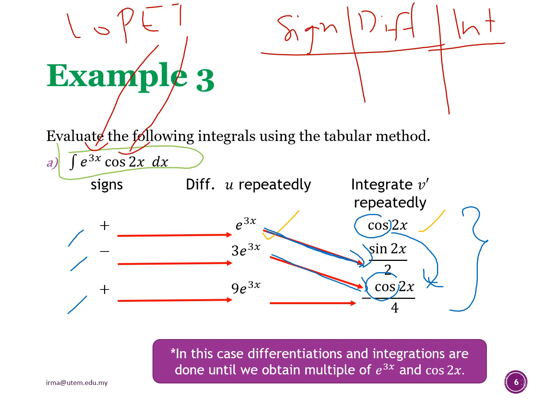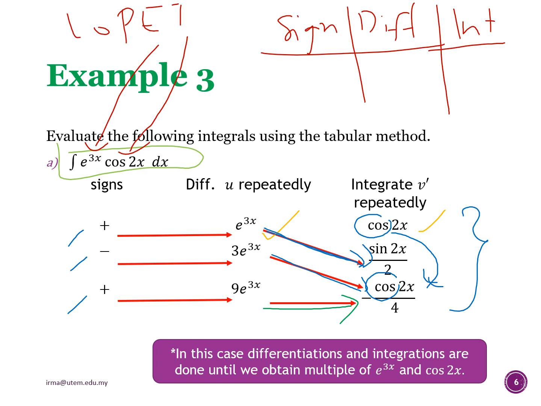But for this question, since you cannot get 0 from the differentiation, you will need to put a new multiplication between the same rows, which is over here.